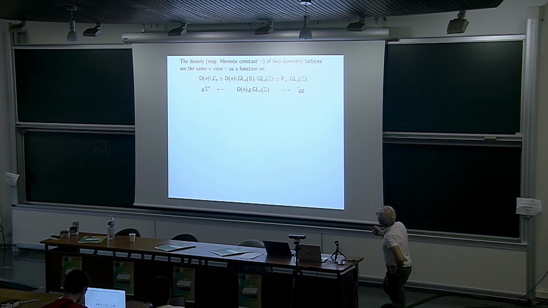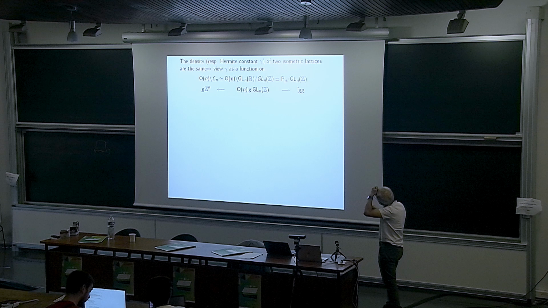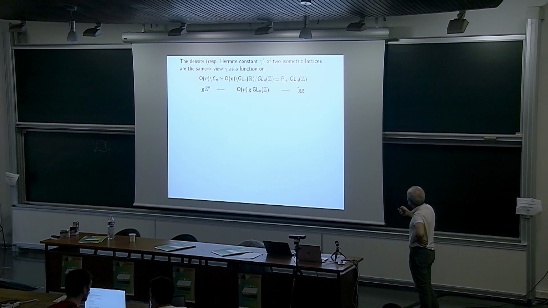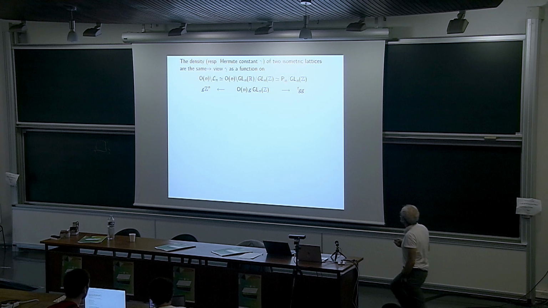So to a double coset here with representative G, you associate on the one end the corresponding lattice, namely if you see G as a matrix, you take the lattice generated by the columns of G, and on the other hand, on the right-hand side, you consider the positive definite quadratic form defined by this product.